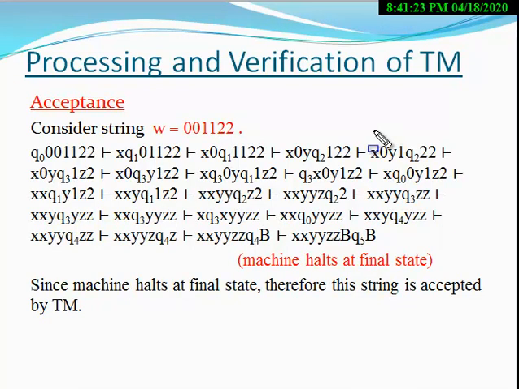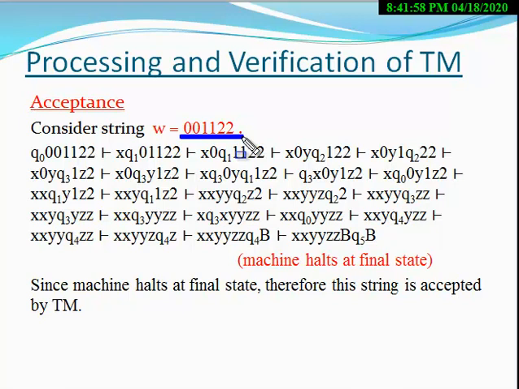Now we shall see the processing or the verification of this constructed Turing machine. First we check the acceptance part, and second we shall test the rejection part. The first string we consider belongs to the given set: the string 001122.